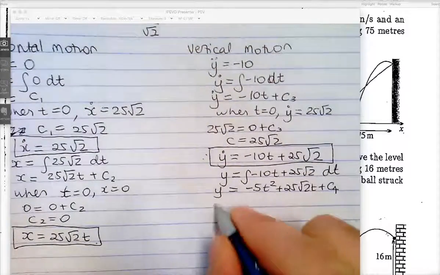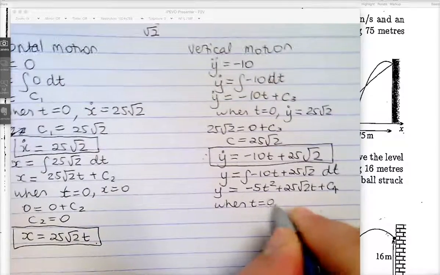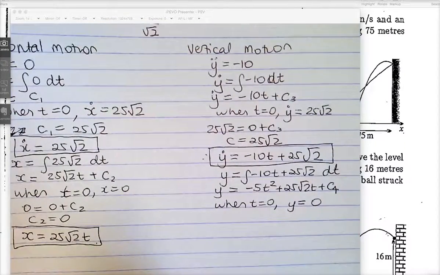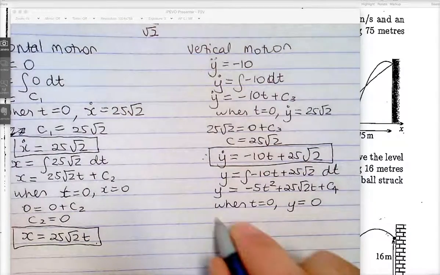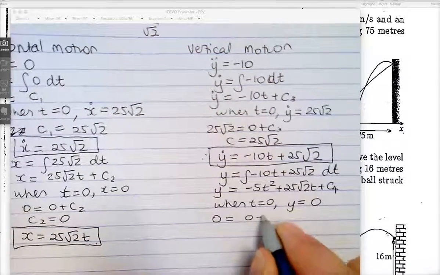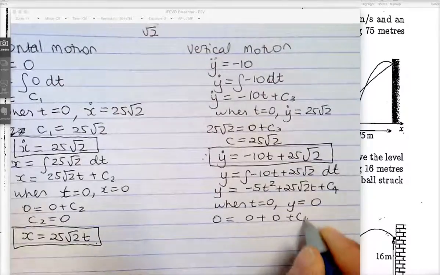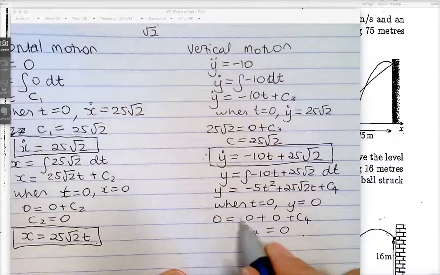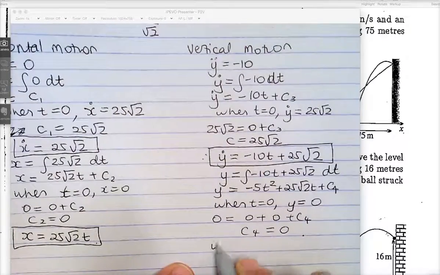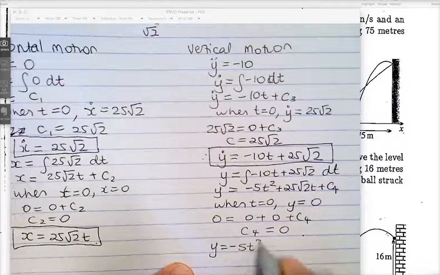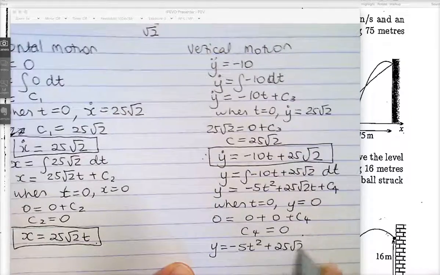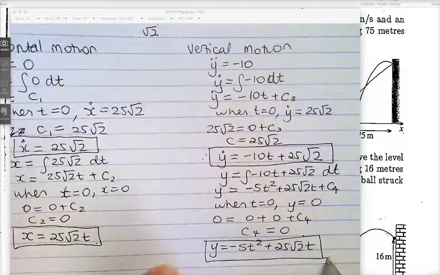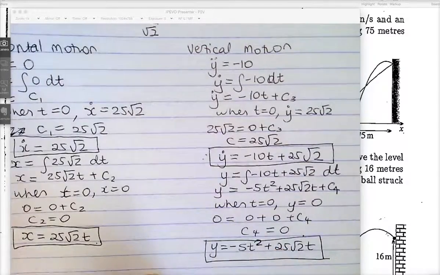Any initial conditions? When t equals 0, what does y equal? Yep, because it starts at the origin. So therefore 0 equals 0 plus C4, which means that C4 is 0. So therefore y equals negative 5t squared plus 25 root 2t.